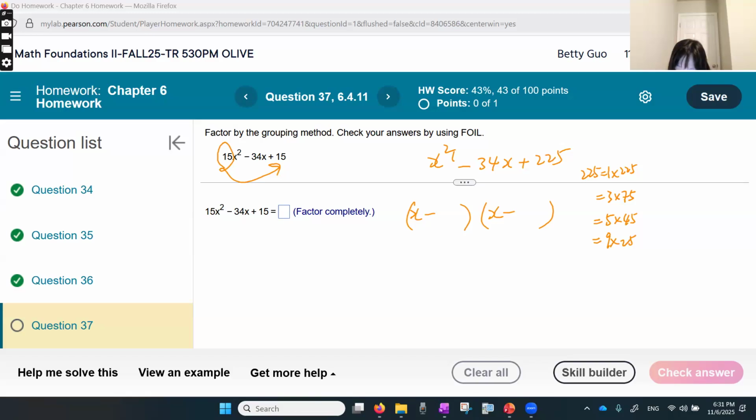There we go. We got it. 9 and 25, right? Negative 9 times negative 25 is positive 225, and negative 9 plus negative 25 adds up to negative 34, correct?